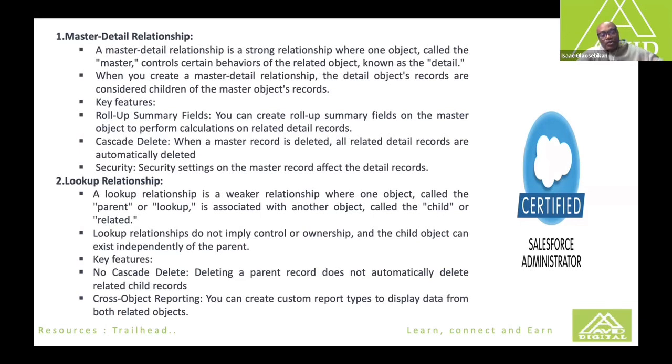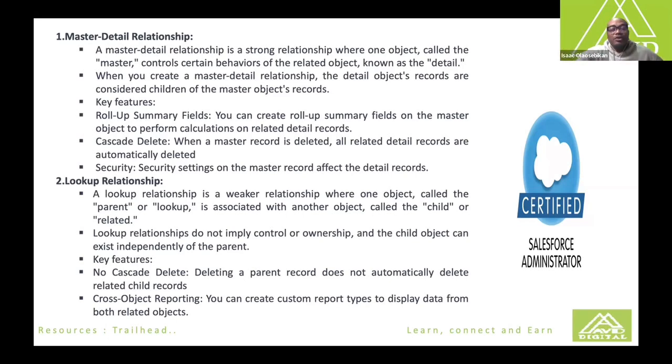We have cross-object reporting. Now, you can create a custom report type to display the data from both related objects. So it simply means that if it is a lookup relationship and you are running a report on a master object, you can also use it to run the child object as well, because on the parent object, you can have access to the child object.